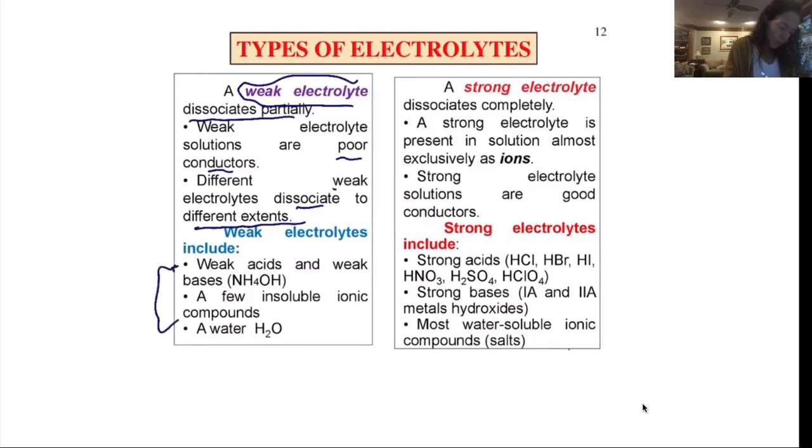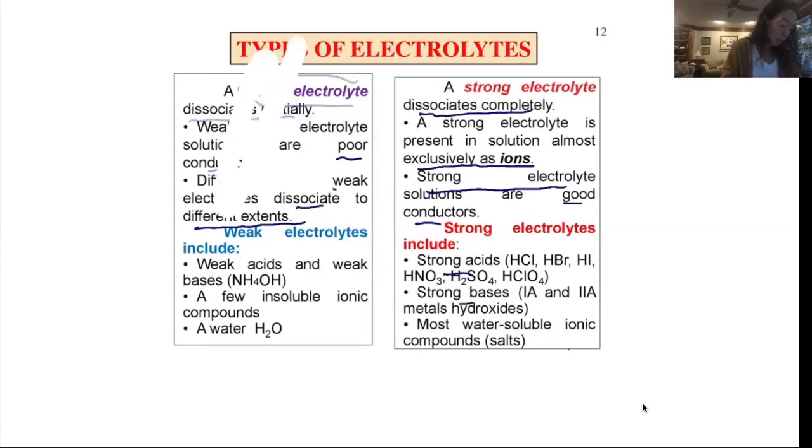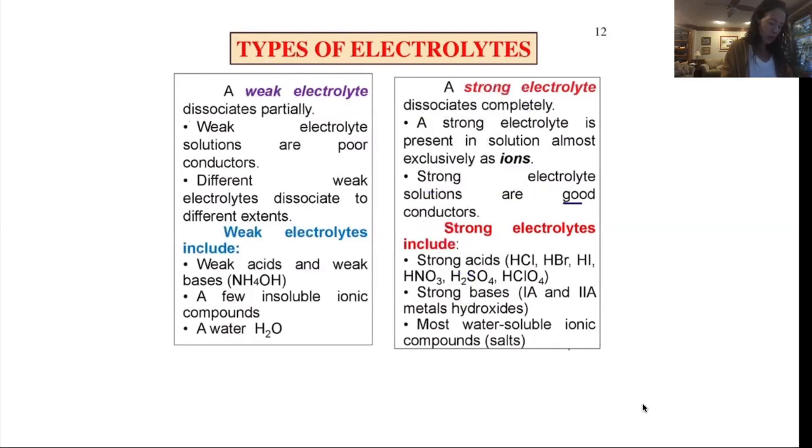Strong electrolyte, complete dissociation, almost exclusively 100% ions, excellent, strong, good conductors. And then we'll talk about our acids and bases later. We'll start talking about them in this unit, and then we'll get to equilibrium next semester. Okay.